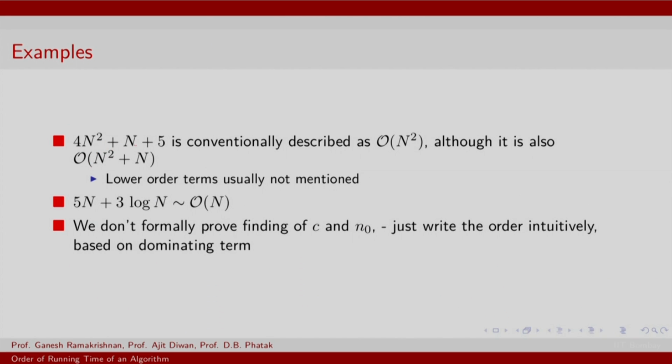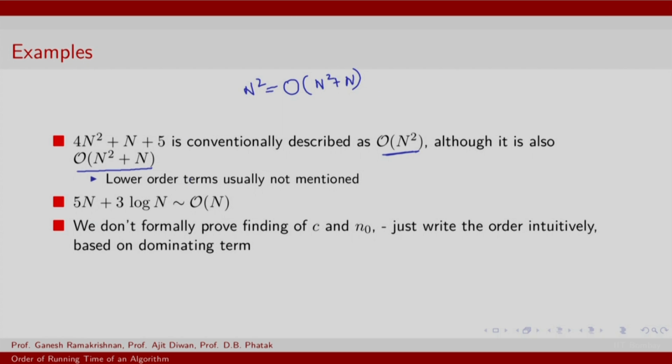So 4n square plus n plus 5. Now you can show that this is nothing but order n square. It is also order n square plus n. So n square is order n square plus n, and therefore all these higher orders will also be order for 4n square plus n plus 5.